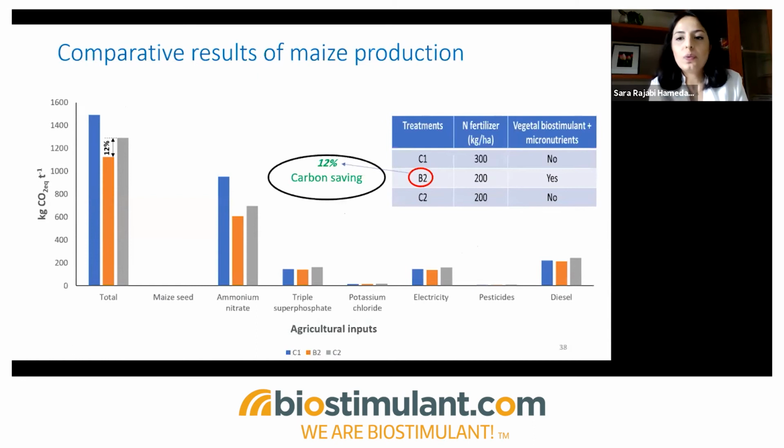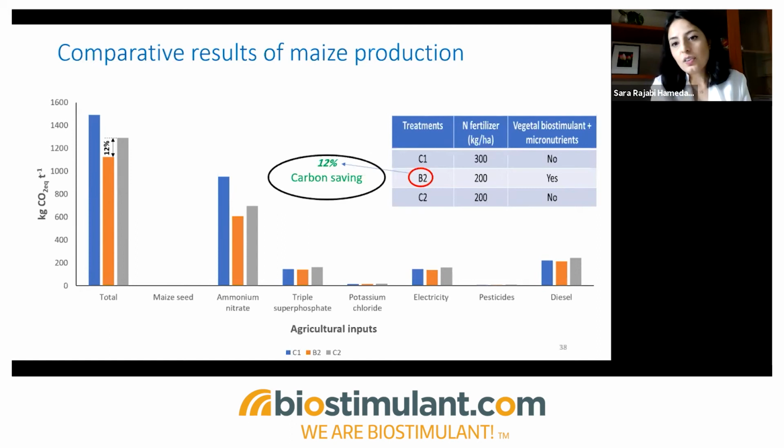Comparing environmental results of 3 treatments also indicates that application of biostimulant can decrease global warming potential and produces a more environmentally friendly crop.